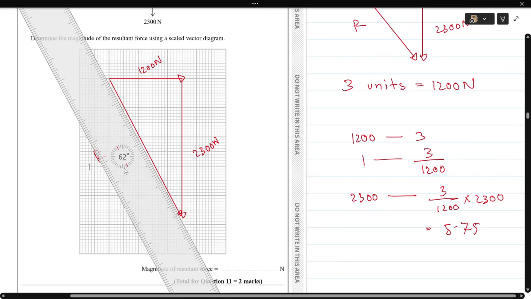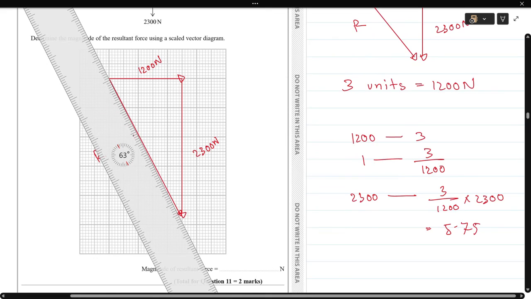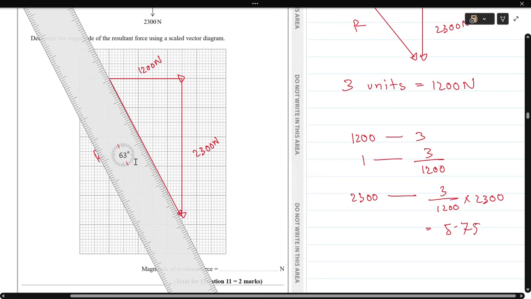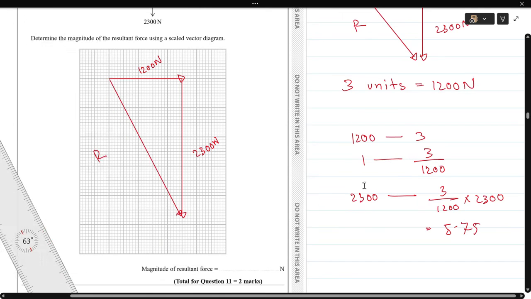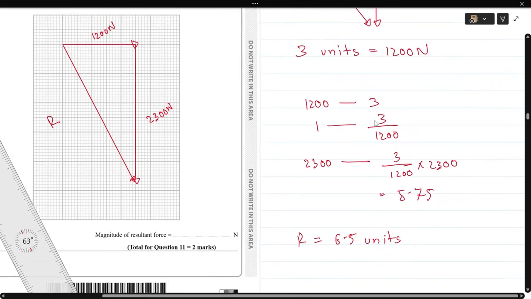So how many units is this? It should be 1, 2, 3, 4, 5, 6, 6.5. So from our ruler, we have found out that the resultant force is 6.5 units, right?